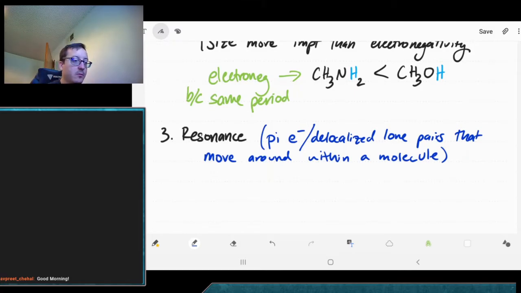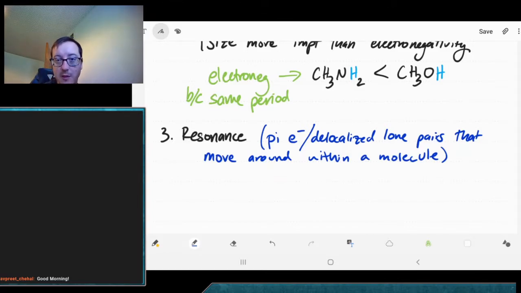And then if we have cations in our structure, what I had neglected to mention is, first thing, you do want to make sure everything has a complete octet, if possible. So if you're dealing with positive charges on things like oxygen, nitrogen, sulfur, those are generally okay because they don't have incomplete octets, but carbon will have an incomplete octet if you have a positive charge on it.